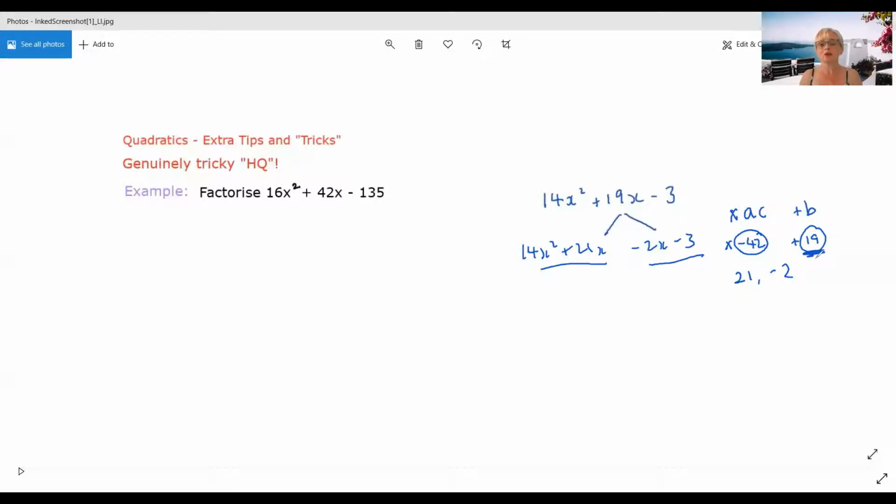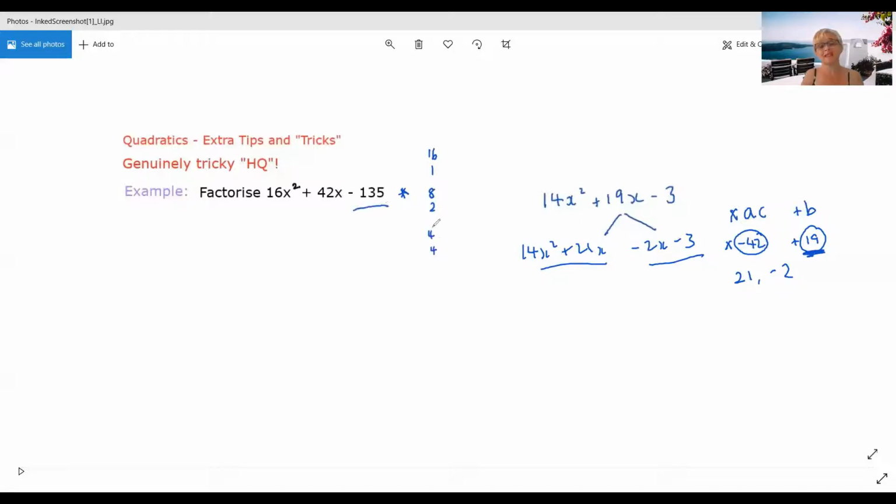However, what happens if you get into a situation like this example here, where really your factors involved, regardless of which method you're going to use, are going to be quite considerable in their possibilities. If you try to do it in the way that I was taught back at school with your 16, you could have 16 and 1, or 8 and 2, or 4 and 4.